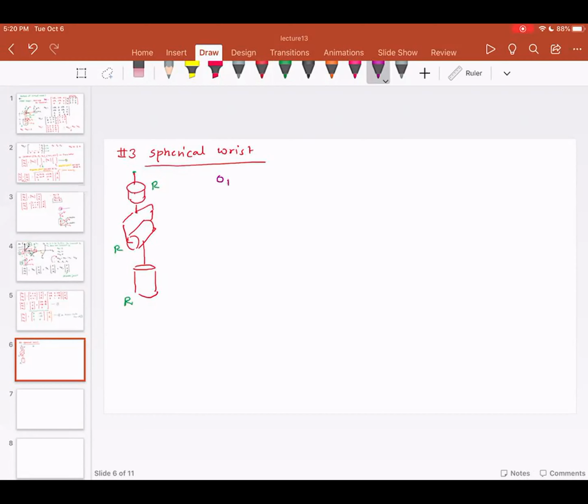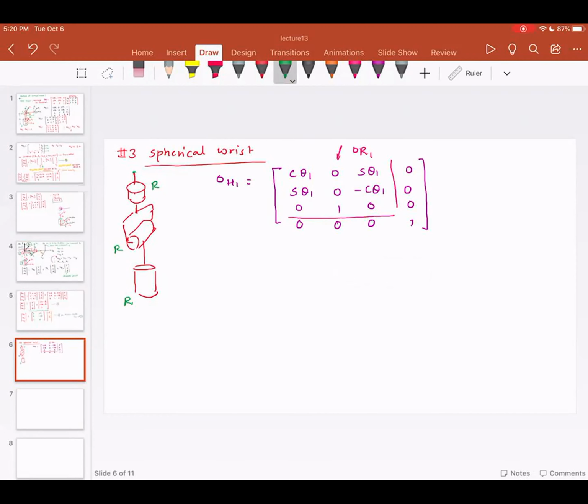So we derived 0H1. 0H1 was cosine theta 1, 0, sine theta 1, 0, sine theta 1, 0, minus cosine theta 1, 0, 0, 0, 1, 0, 0, 0, 0, 1. Now please note, in this matrix, this guy is 0R1.